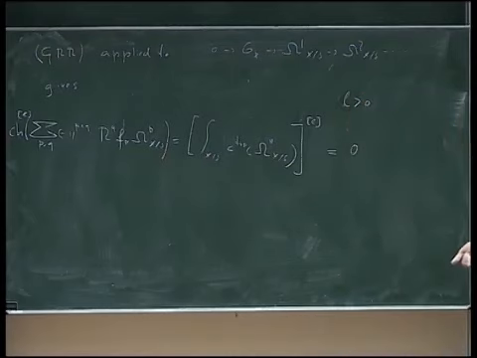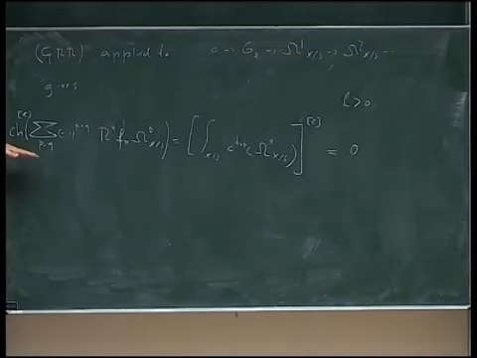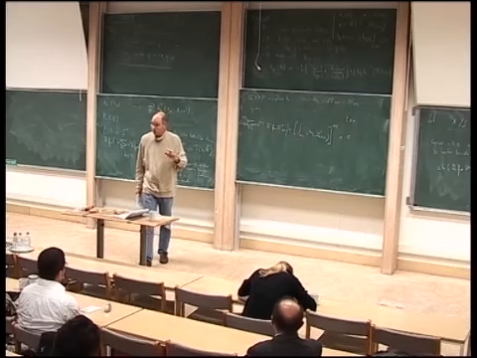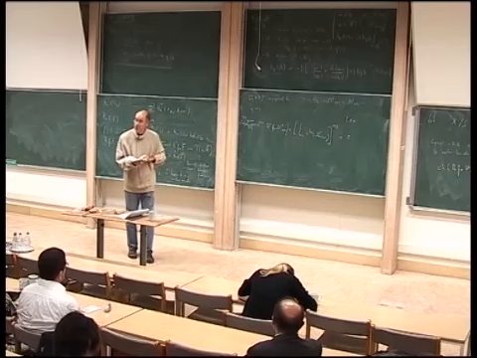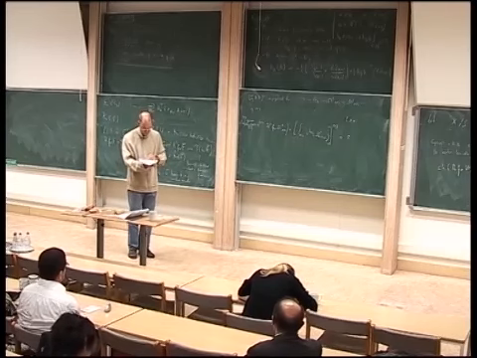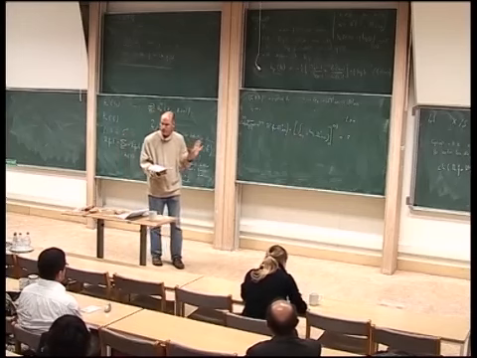So you have a vanishing statement: the non-trivial Chern classes of this alternating sum are 0. This is not at all trivial. It's a completely non-trivial statement, and it doesn't follow from Serre duality or anything of the sort.